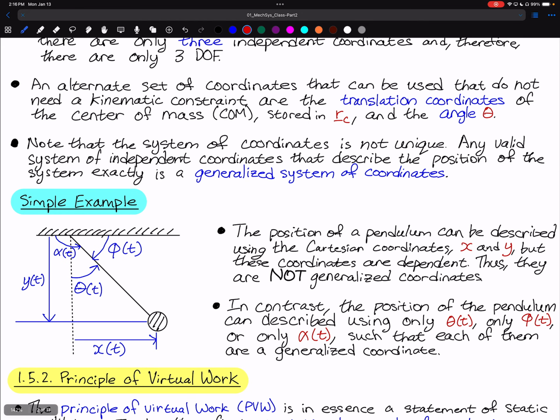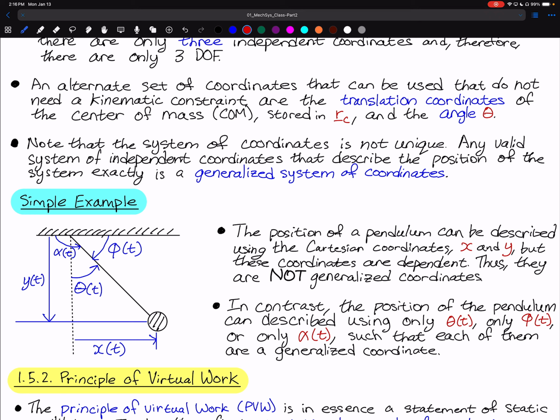Okay, so just to give another simple example here, we have a pendulum shown here. Earlier when you looked at it, we used the angle theta as its degree of freedom. However, you can also describe its position using alpha of t, theta or phi of t, y of t, x of t. Any of those will work. Well, x and y you have to use together. Alpha, phi, or theta you can use independently.